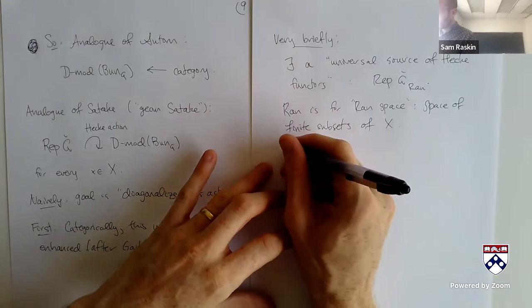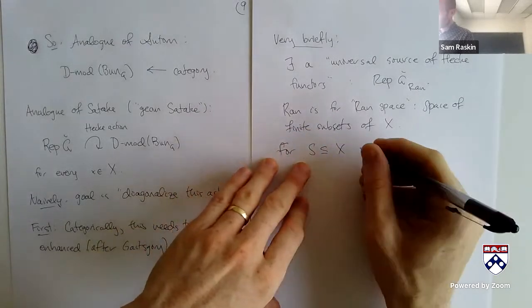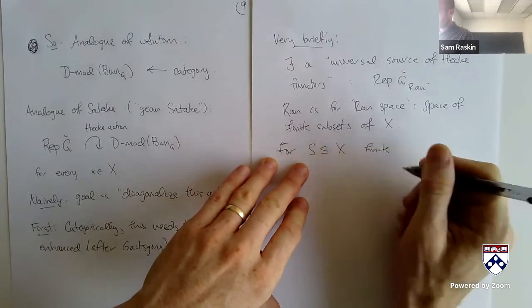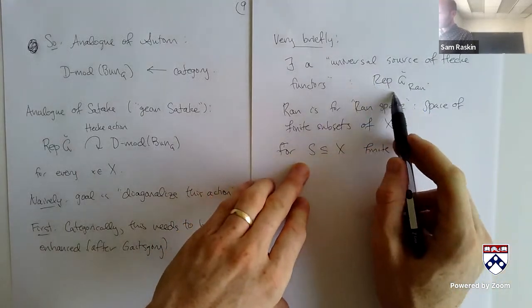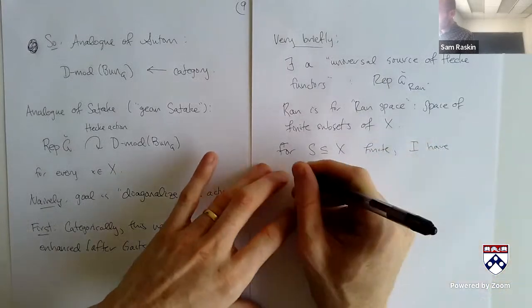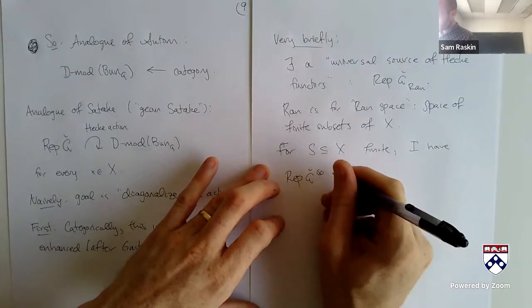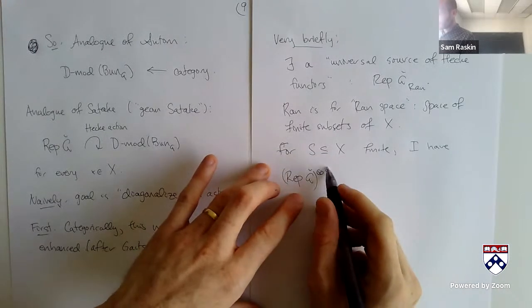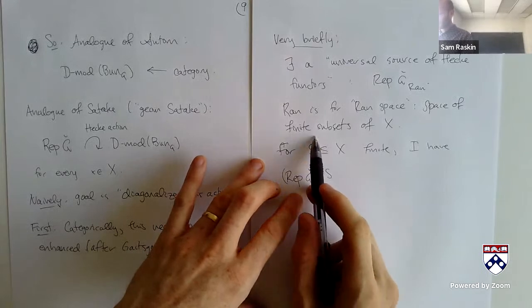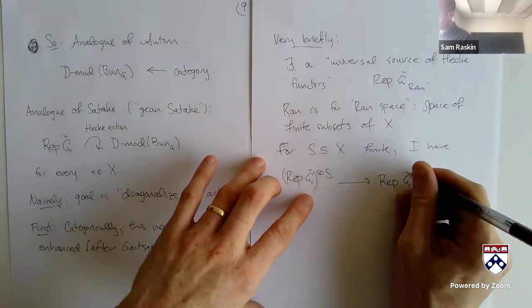And the idea is that somehow, whenever I have some finite set S of points, so this will be some kind of monoidal category, I have a natural functor, Rep G-check, and then I'll tensor it with itself |S| many times, once for each point in here, and I'll get a functor like this.